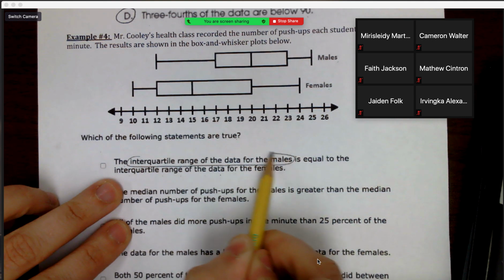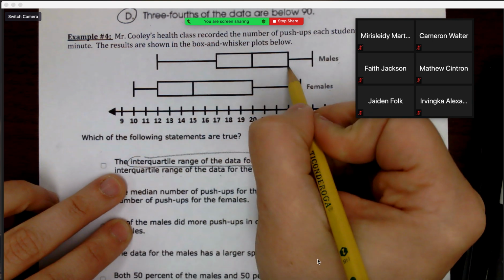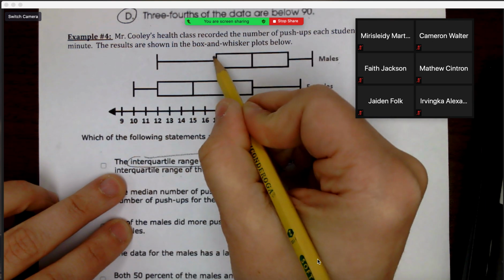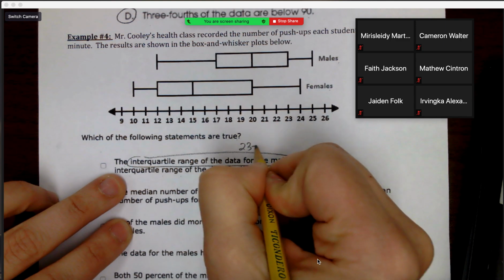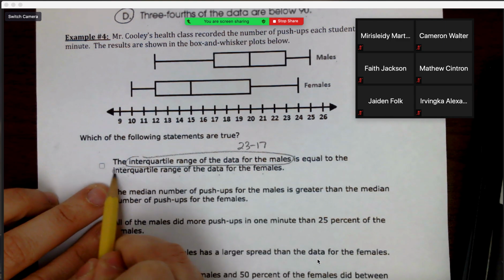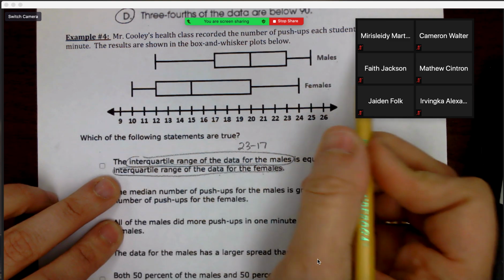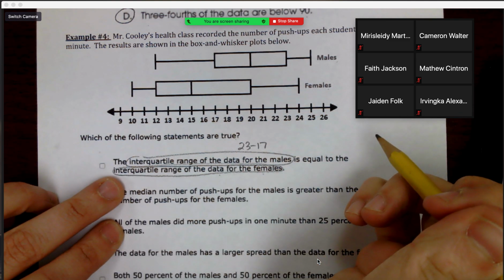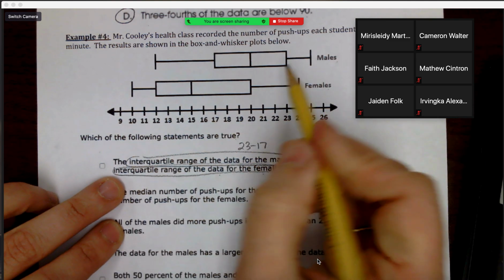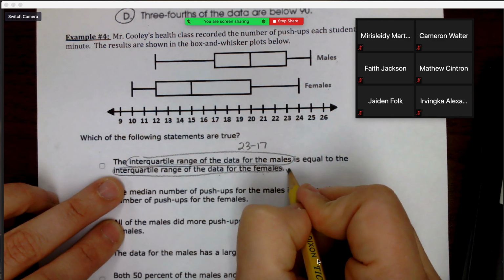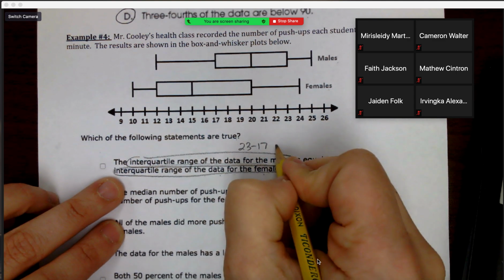Interquartile range for males is going to be 23 minus 17. Interquartile range for females is going to be 20 and 12. So this is 6, this is 8.